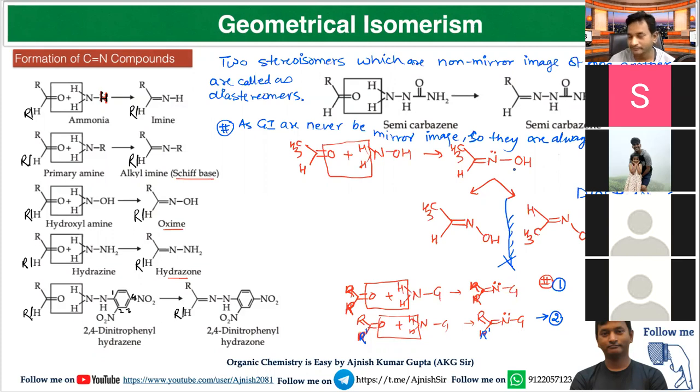Is it clear to everyone? Now write this also. CH3CHO when reacted with NH2OH, then a carbon-nitrogen double bond will be formed and it will exist in these two forms.